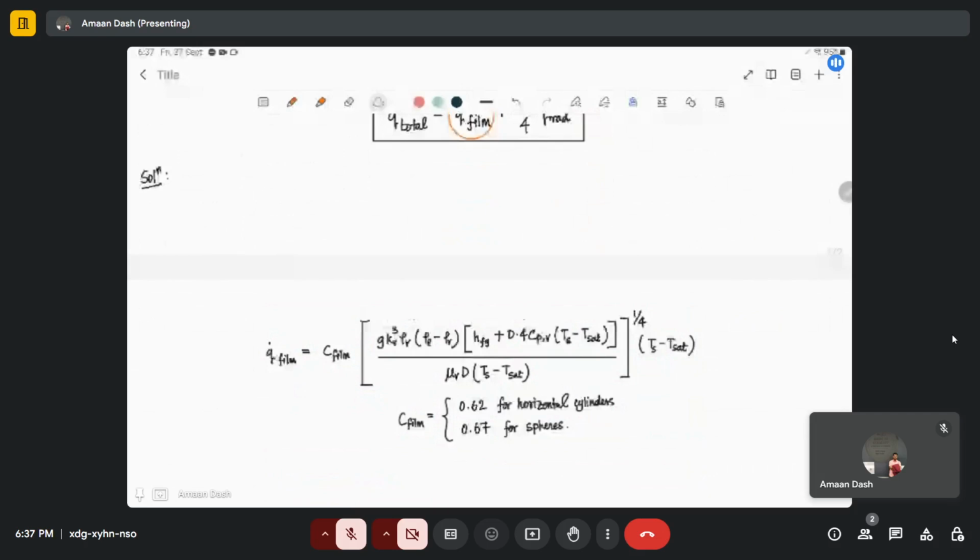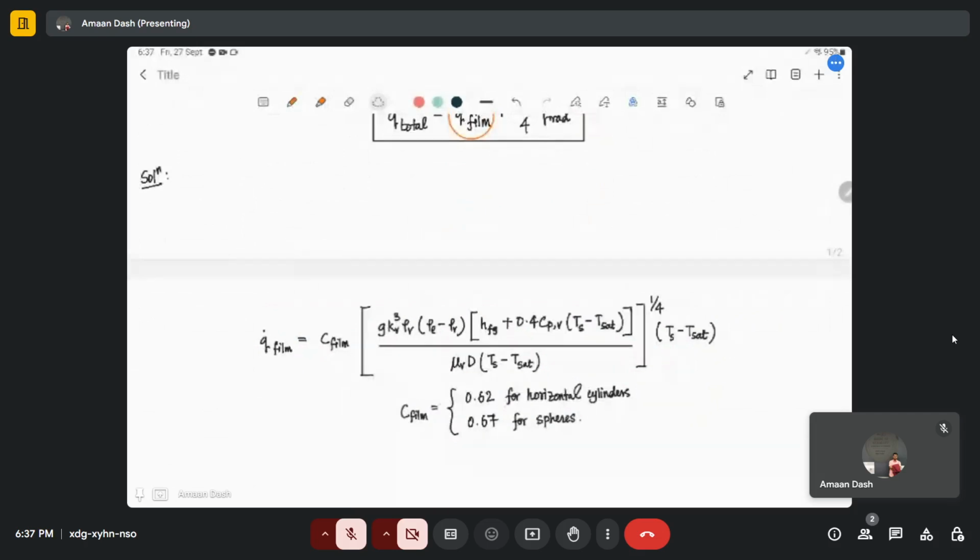Now you see, here we have this excess temperature, Ts minus Tsat. This we already know. This is 350, that is surface temperature, and this is the saturated temperature for water. So the difference will obviously be 250. And therefore, the film boiling will occur.